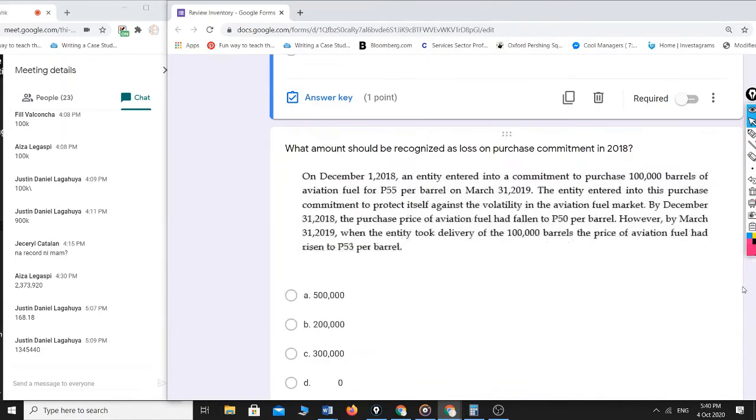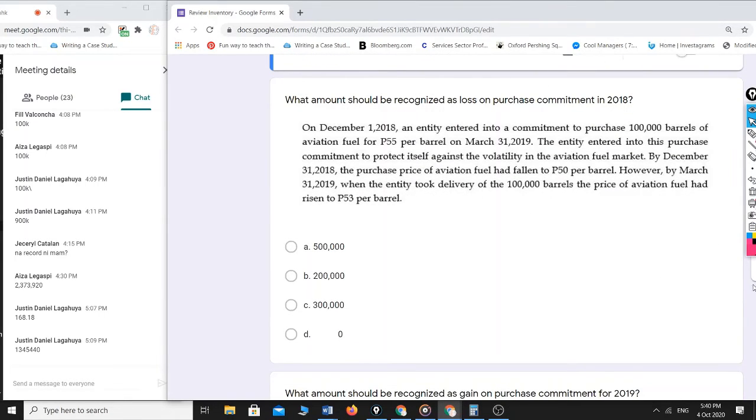Okay, next. Purchase commitment. So guys, what is purchase commitment? So purchase commitment is an agreement between two parties wherein they have a fixed price and a fixed date when to purchase the particular goods or product.